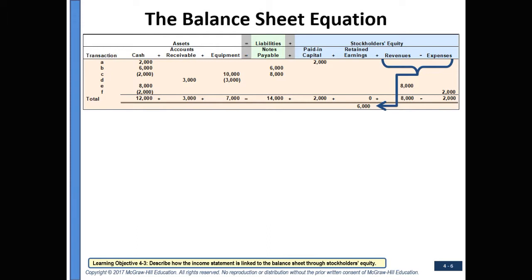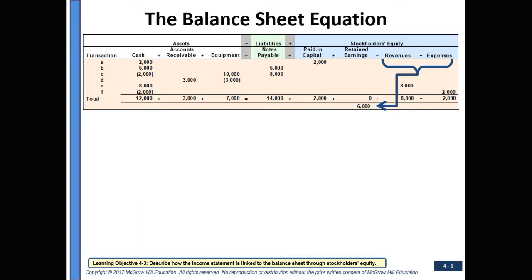The financial statements can be prepared after summarizing the entries in the accounts in the horizontal model. See, we have the total amounts. The income statement will report the net income for the accounting period. Total revenues of $8,000 less total expenses of $2,000 result in net income of $6,000.